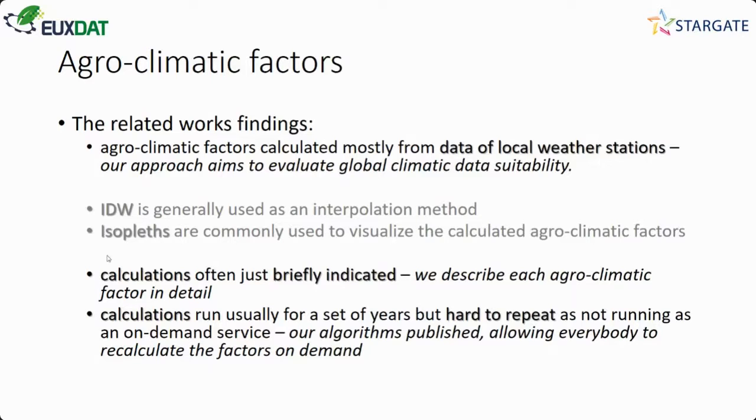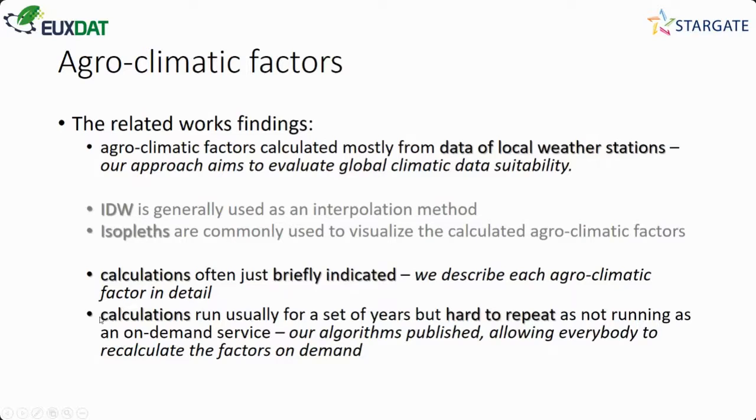So one of our aims is to publish the algorithms, and they are already published on GitHub. I will show the link later on. So you can follow our approach. You can use the same algorithms. They are for free. You can say, okay, your algorithms are not the best one. I know a better one. Then let's discuss and try the other algorithm, whatever. This is still open research.